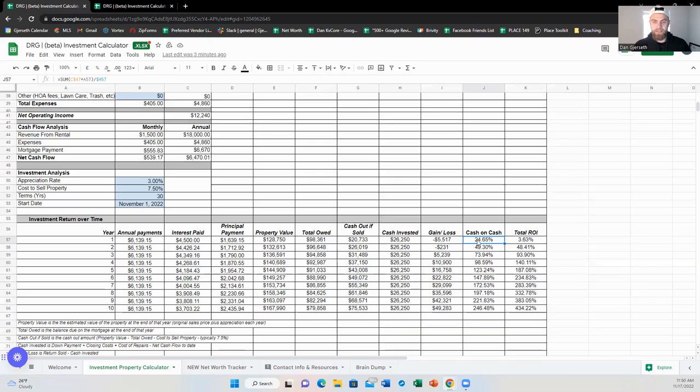So there's a lot of benefits of calculating this and just poking through these numbers. So I basically had $26,000 invested into this property, and I got out $6,470 in year one, and then continuing to get that amount of cash year over year over year. Really good property. Happy about this one.